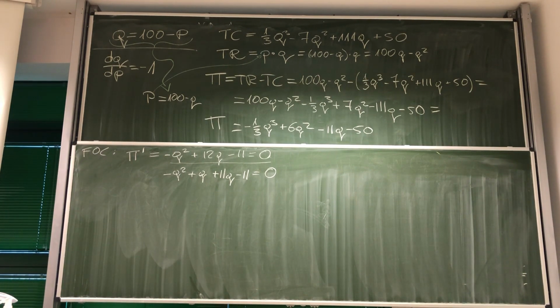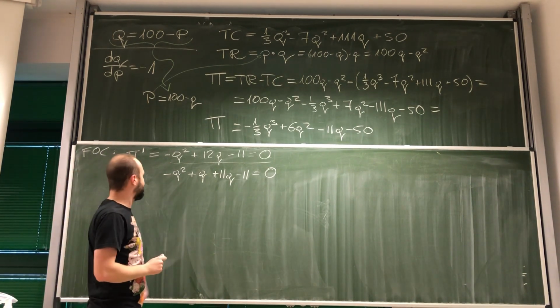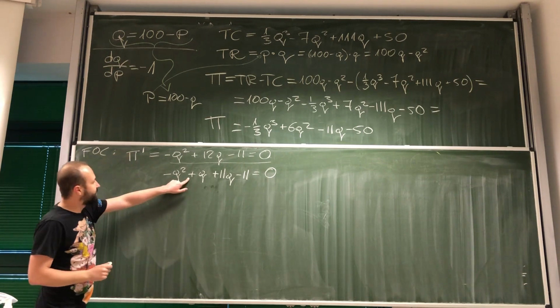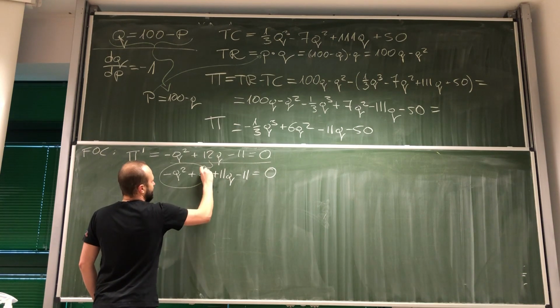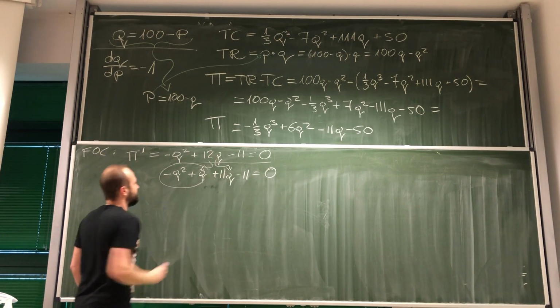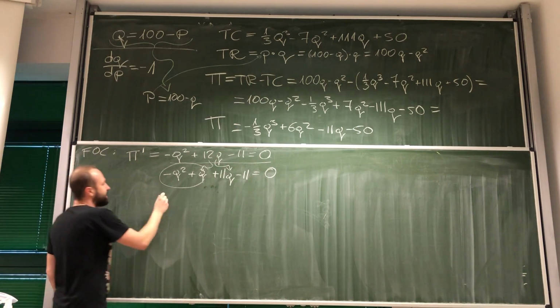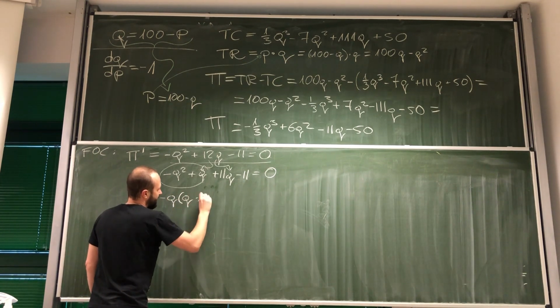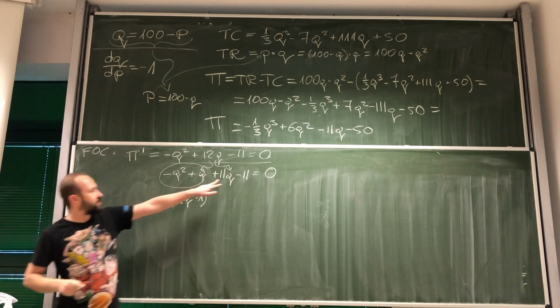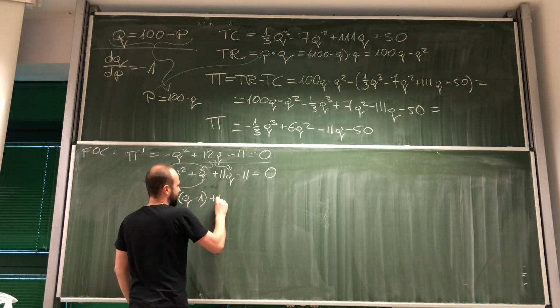It's exactly the same expression, but what I can do now, look, out of the first two parts, I can take minus q out. So I get q minus 1. Then, out of the second part, I can take 11 out.